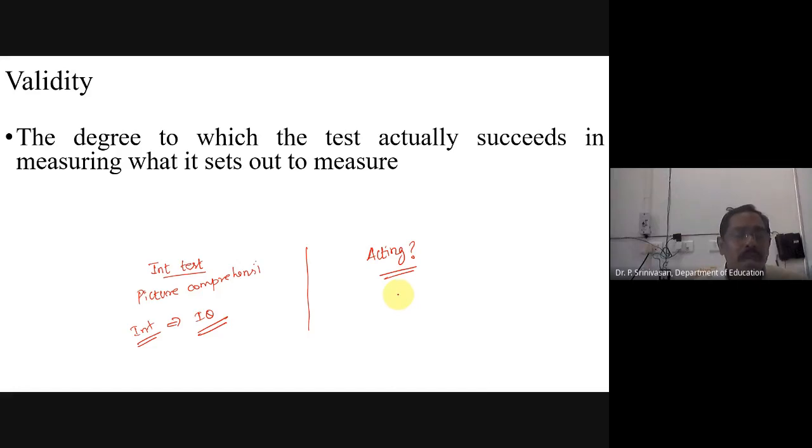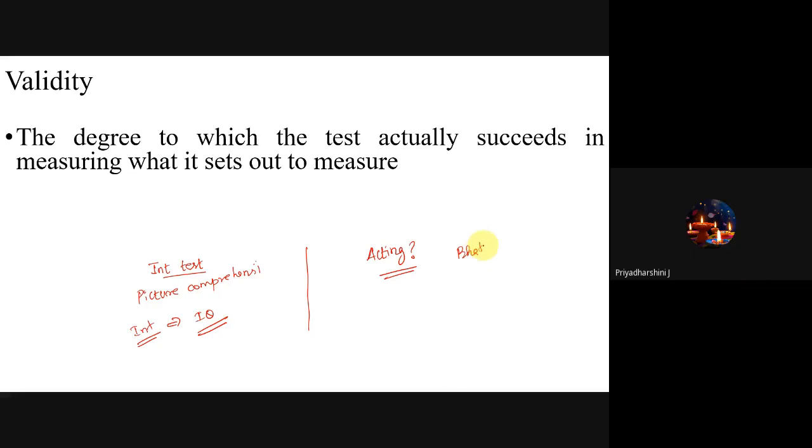Why can't we use it for selection for acting? Priyadarshini, why can't we use the battery for acting? Sir, because those tests test our IQ level, sir.